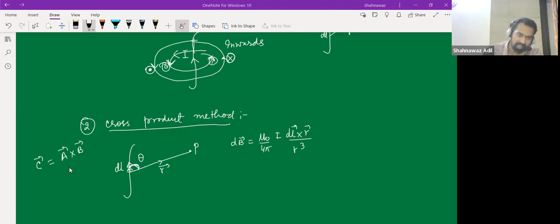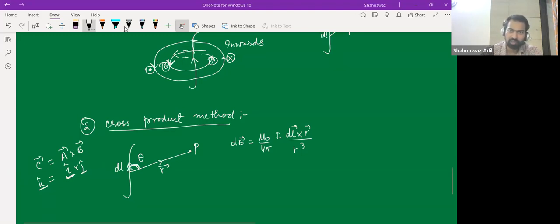So you see that whenever we take the cross product, whatever these two vectors are, they will always be perpendicular to the cross product. Understood?